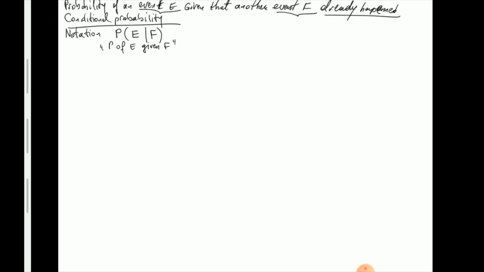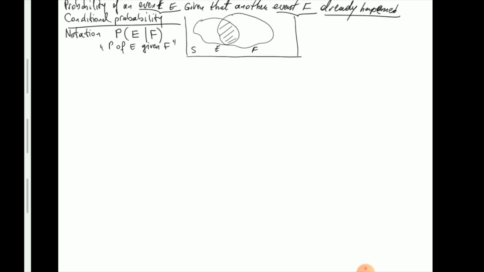So we already illustrated this with the example with the boys and the girls before, but just to make it clear how that goes, imagine that you have these events overlapping like this in some sample space S. This is event E, this is event F, this is the common part of them.